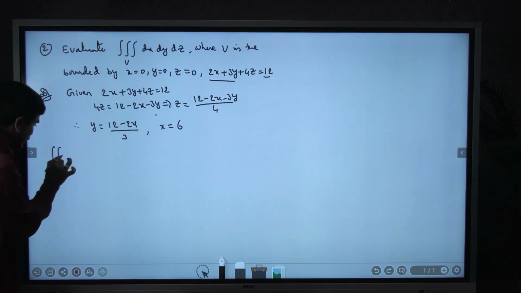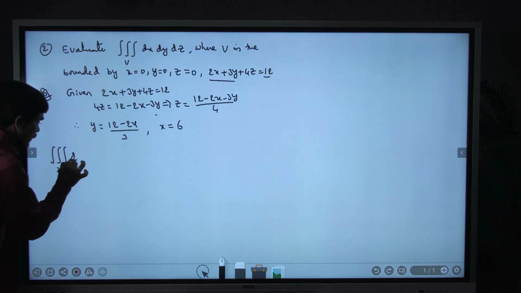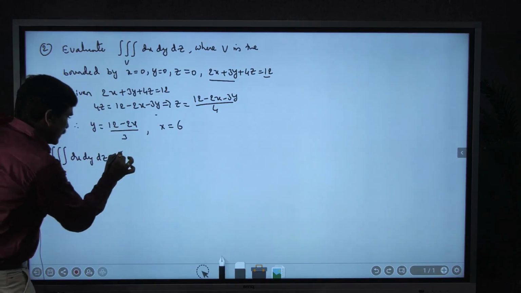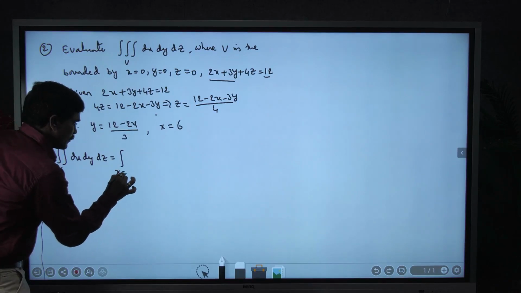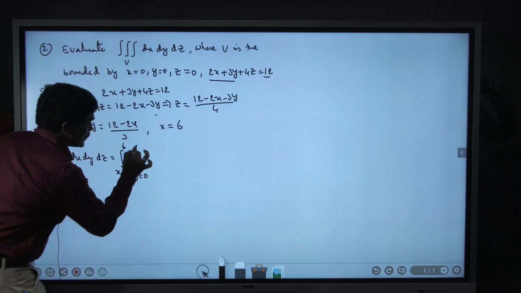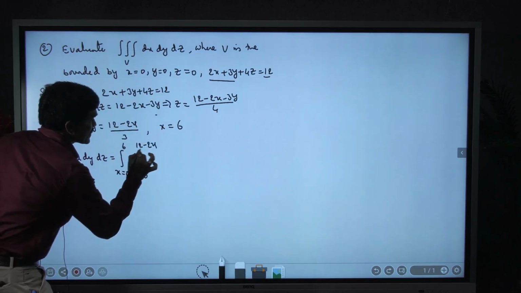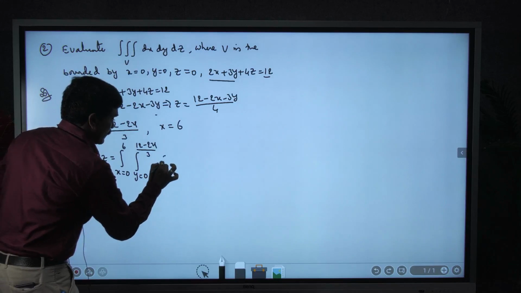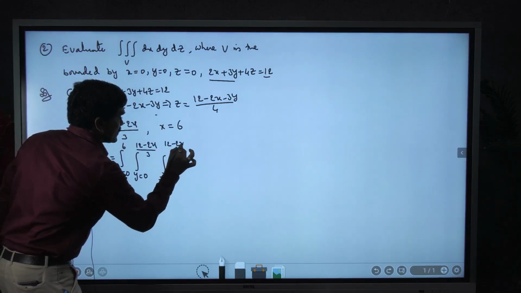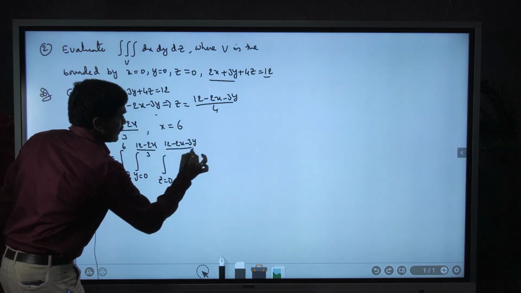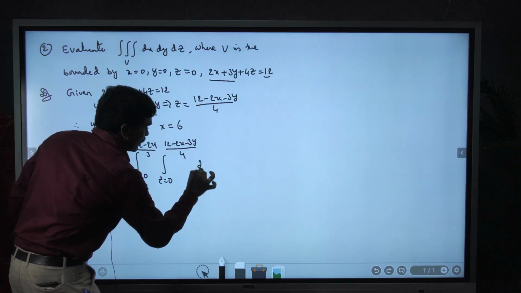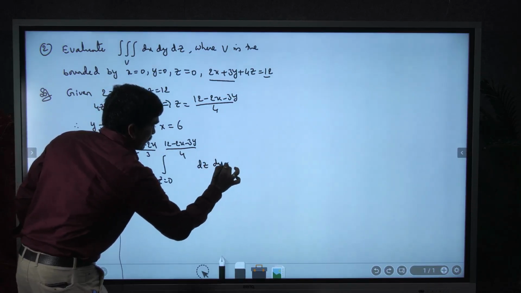The triple integral dx dy dz is equal to, here x from 0 to 6, y from 0 to 12 minus 2x by 3, z from 0 to 12 minus 2x minus 3y by 4, into dz dy dx.